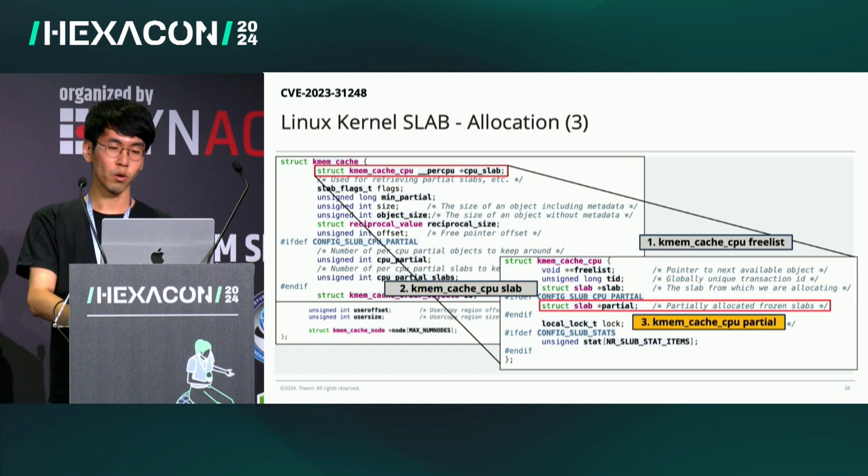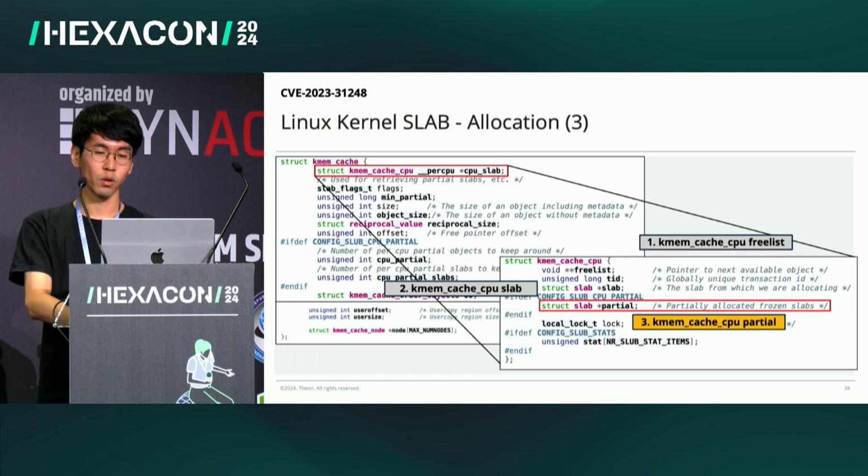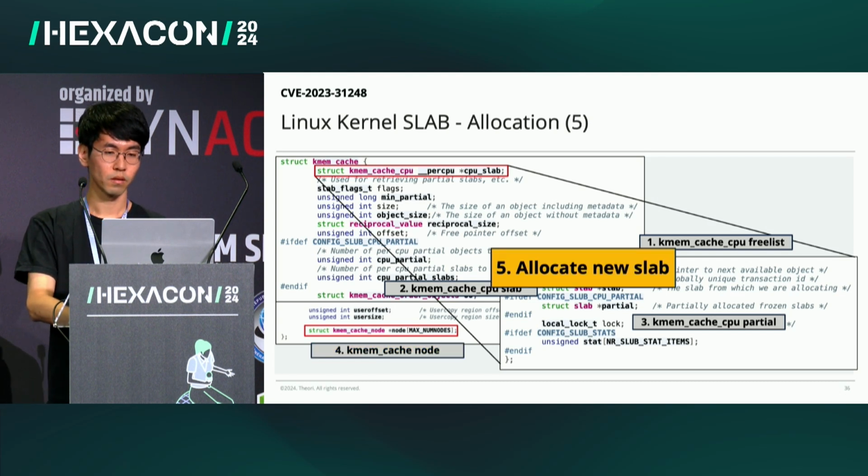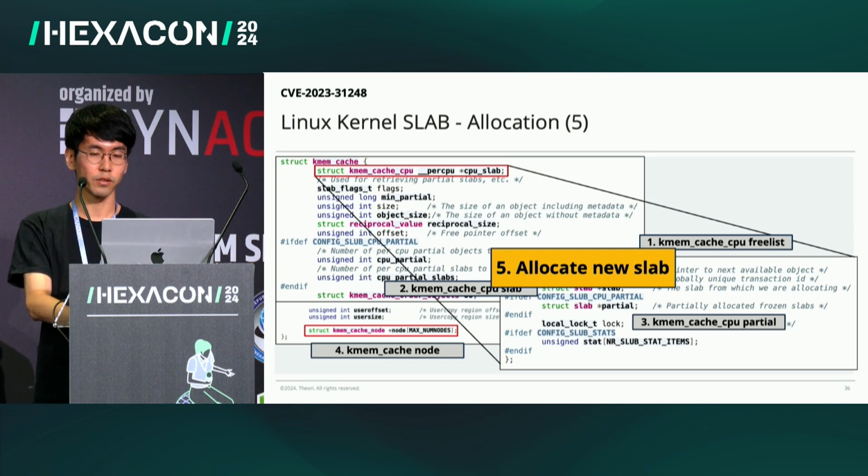If no allocatable objects exist in the active slab, it allocates an object from the per-CPU partial list. And if no object exists in the per-CPU partial list, it allocates objects from the node partial list, not the per-CPU slab. Finally, if the allocator hasn't allocated an object up to this point, it creates a new slab.